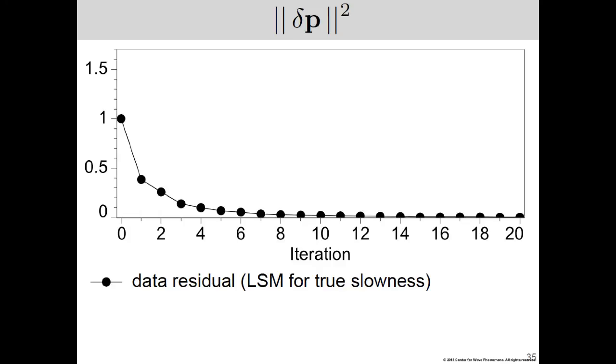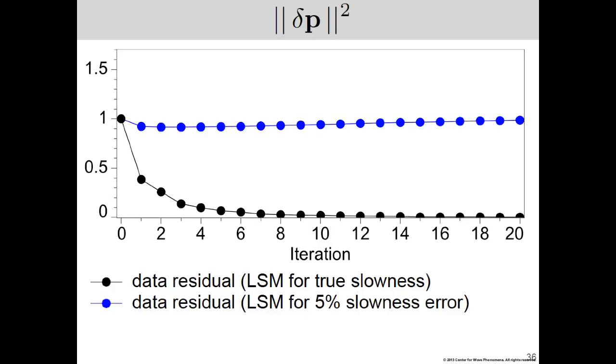Let's look at the data residuals for the different inversions. This is the same curve that you saw earlier. This is the data residual for least squares migration for the true background slowness. This blue curve is the data residual for LSM for the incorrect background slowness, and what you'll notice is that in the first 2 iterations or so, the residual decreases, then it actually increases.